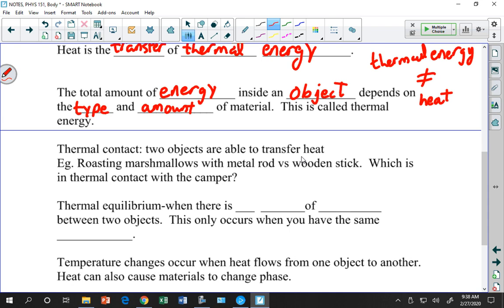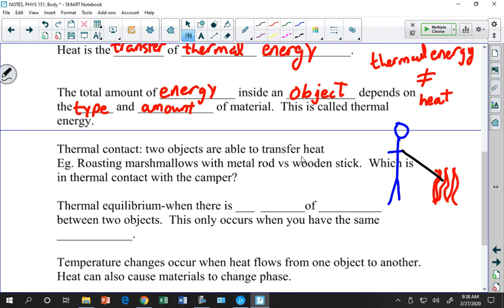You can also have thermal contact between two objects in a different way. Imagine if we have a fire, and then you have a person. You can be in thermal contact with a fire just by sticking your hand in the fire, which you shouldn't do, right? It's hot inside the fire, so don't do that. But you can also be in thermal contact with the fire if you put something in the fire, like say a metal stick. And the metal stick will cause energy to flow from the fire into your hand because the metal will heat up and it will transfer heat into your body.